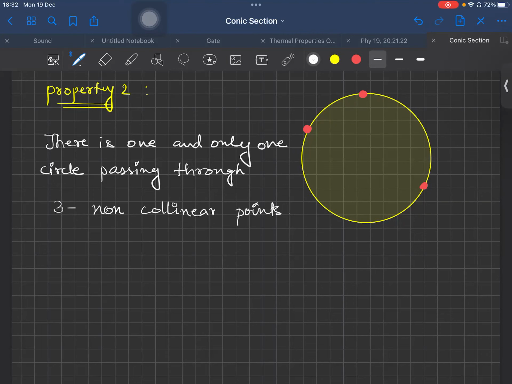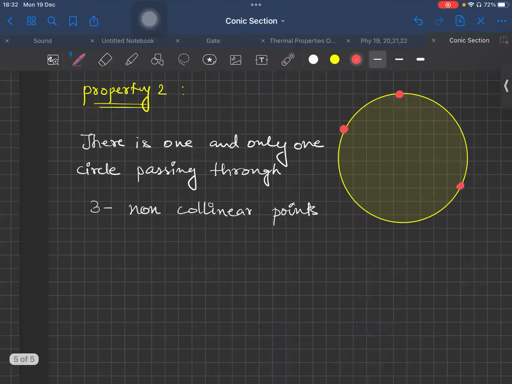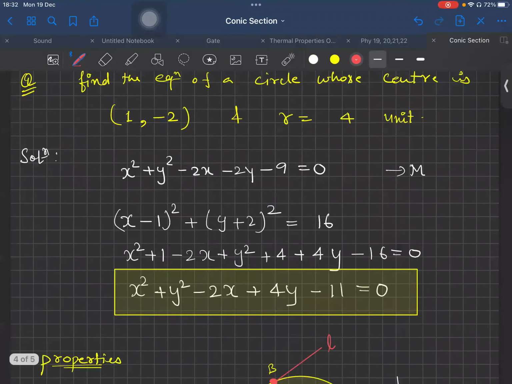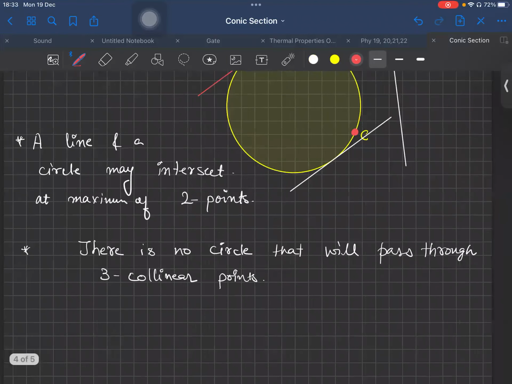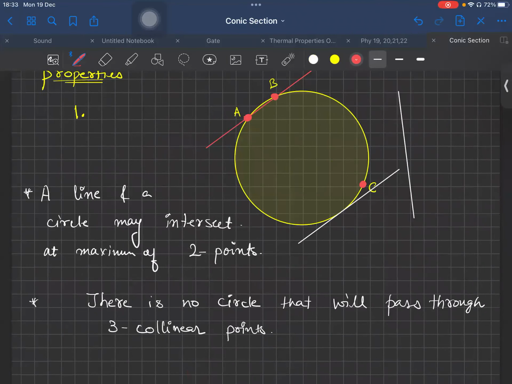What do you mean by that? In the first property we already defined that the points cannot be collinear, right? A circle can be defined using 3 points A, B, and C, and A, B, and C cannot be collinear.